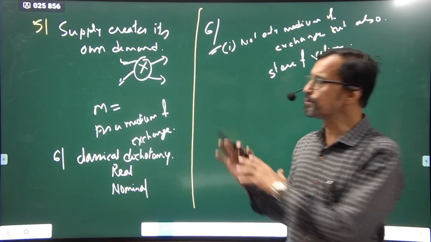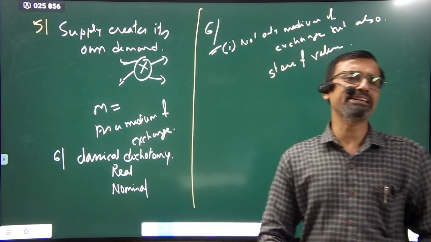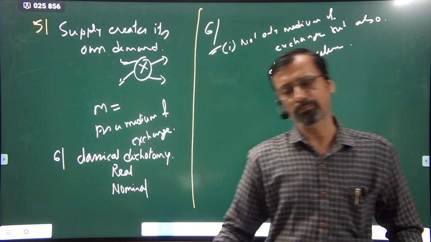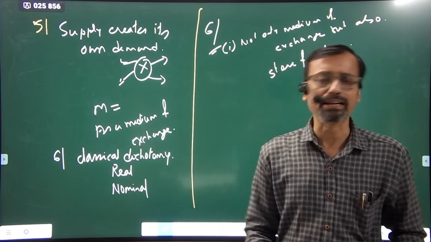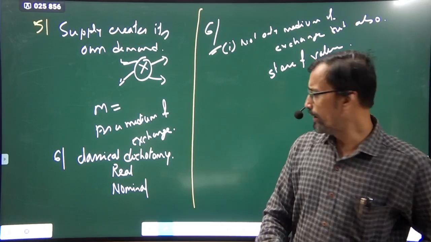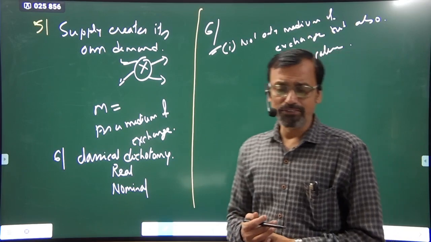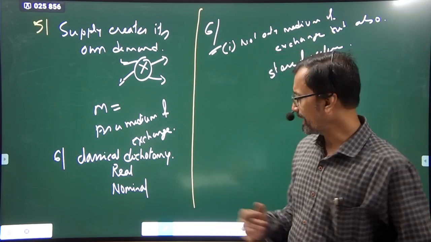It should be seen, as per the classical view, how many units he can produce or purchase with this ₹100. So there will be the measurement of real, not exactly nominal.